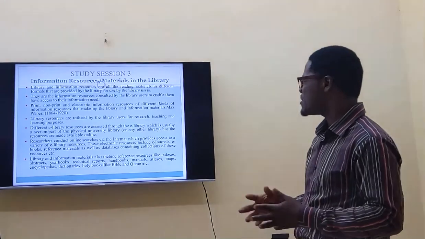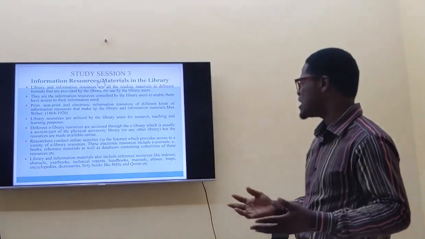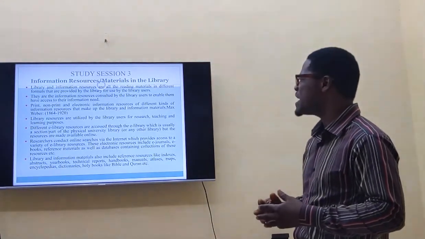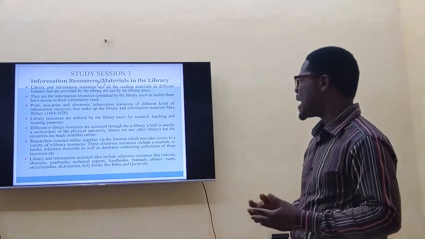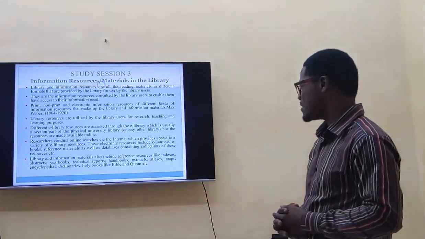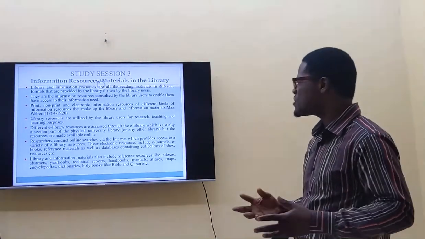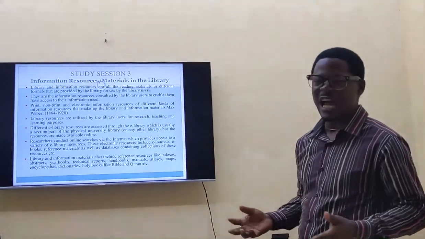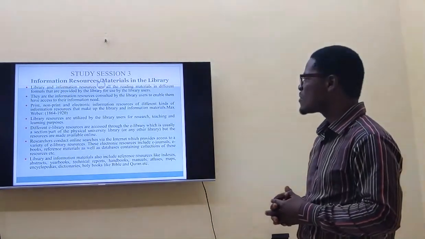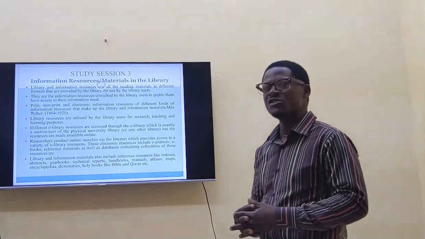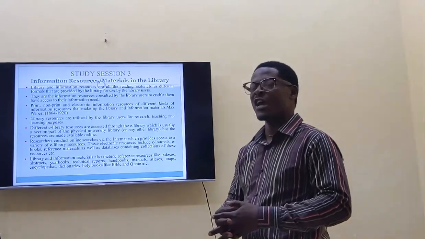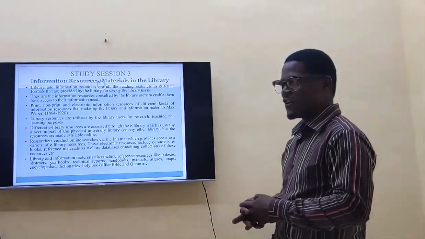Different e-library resources are accessed through the e-library, which is usually a section, part of the physical university library or any other library. But the resources are made available online. That's the disparity between e-library and conventional library.